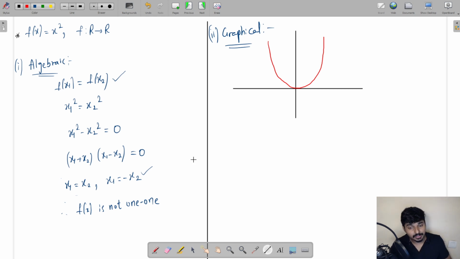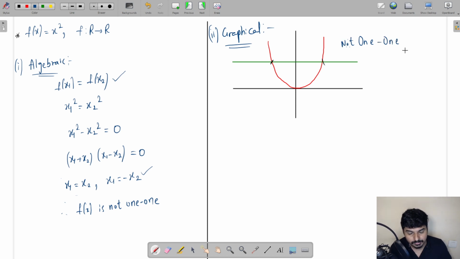Now, when you draw a horizontal line, you see at how many points the horizontal line is going to intersect the graph. Well, at 2 points. Now, I did mention that if the horizontal line is going to intersect the graph at more than 1 point, will it be a 1-1 function? Definitely no.